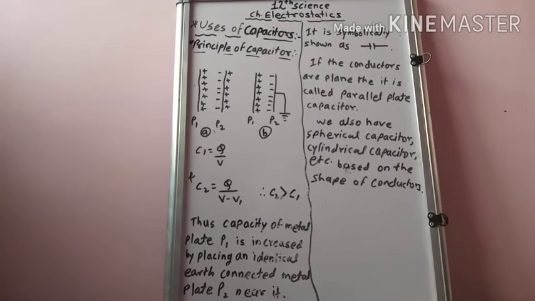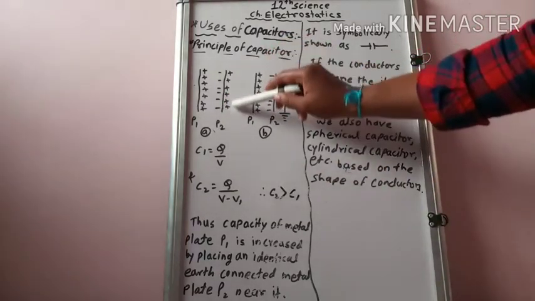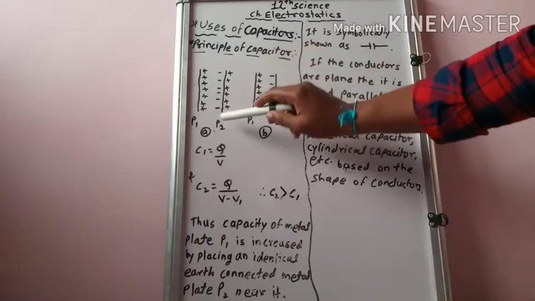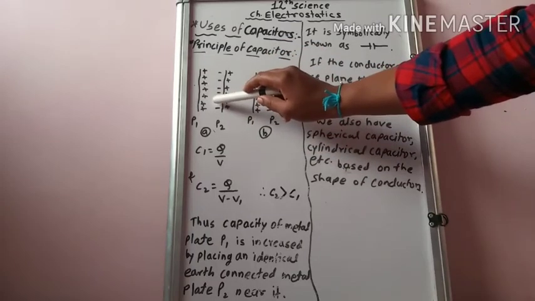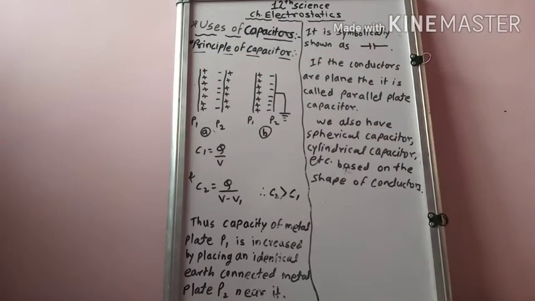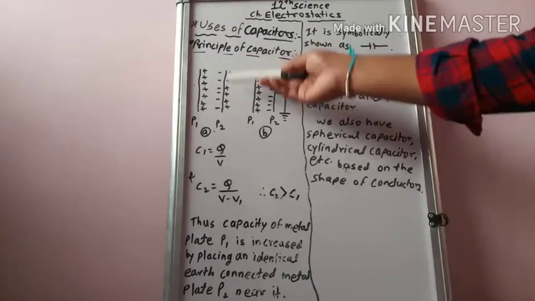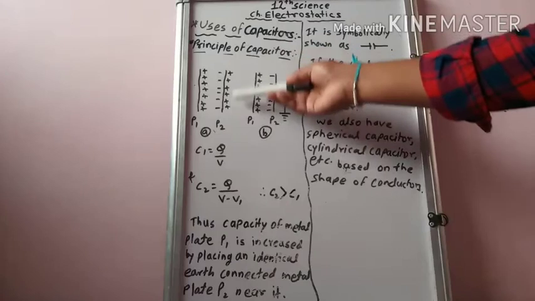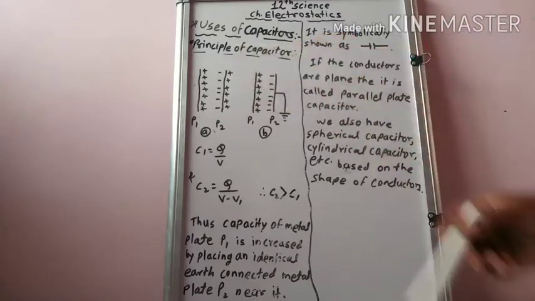As the induced negative charge is closer to P1, it is more effective. Thus, there is a net reduction of potential of plate P1, because its potential is also increased by these induced positive charges.